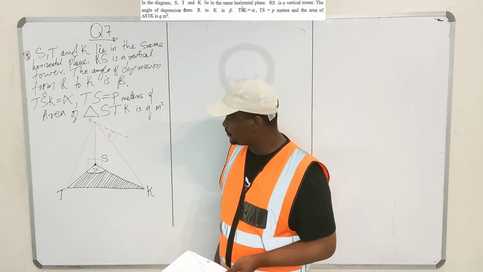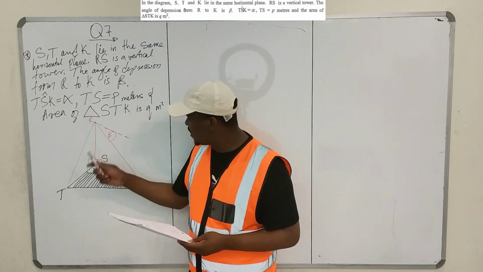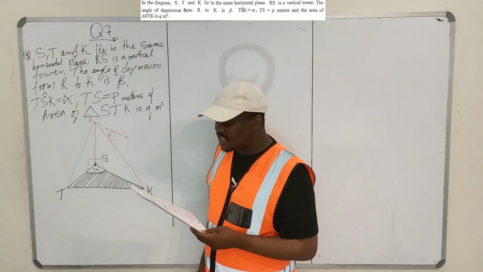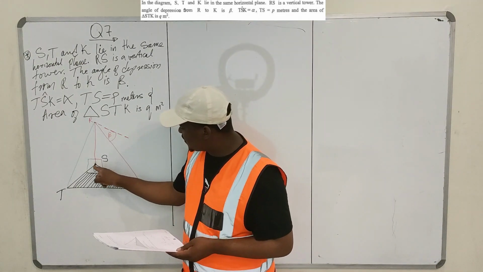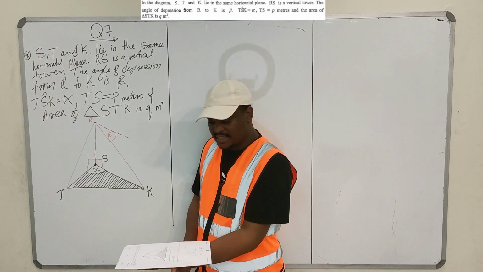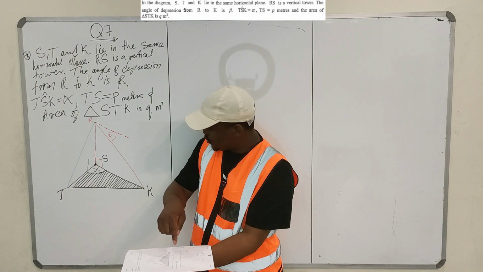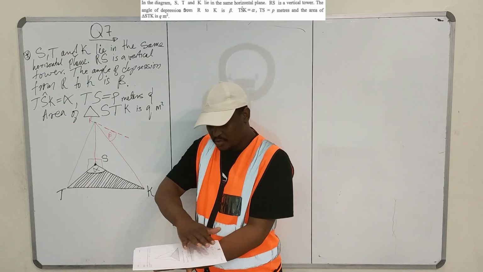So let's look at this diagram. They are saying in the diagram, S, T, and K lie on the same horizontal plane, which means they're on a flat surface like this. So you have your T, let's say here, let's say this is horizontal.